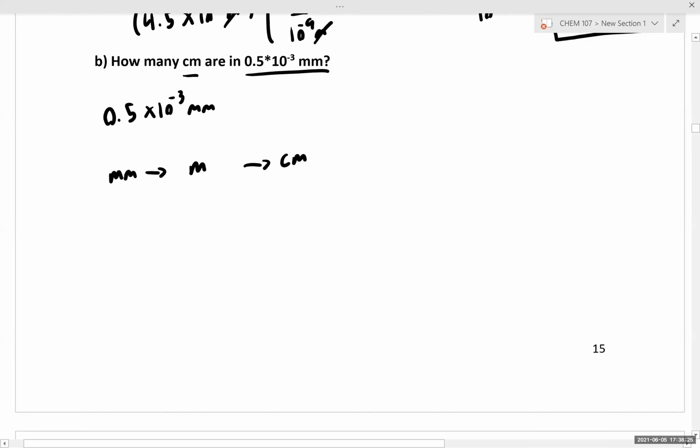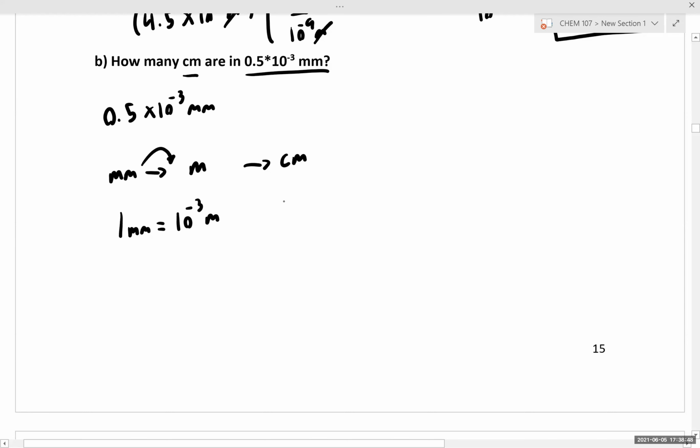Okay, so to break this down now, we're going to look at each step individually. So first, we're going from millimeters to meters. So we're going to want meters on top. So we know 1 millimeter corresponds to 10 to the negative 3rd meter.